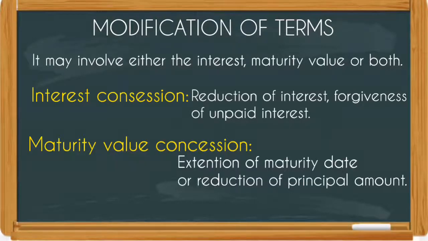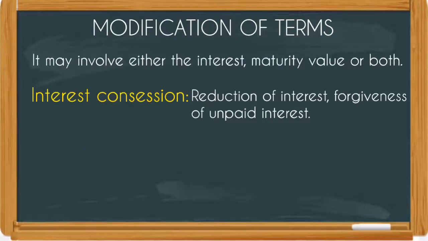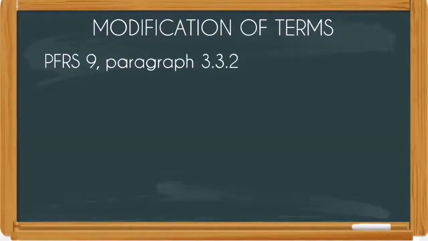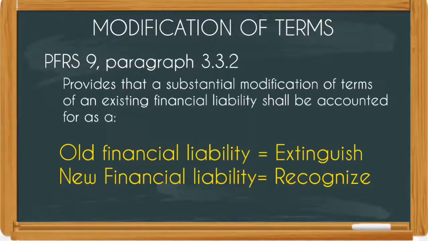Under naman ng maturity value concession, either extension of maturity date or reduction of principal amount. Under PFRS 9, it provides that a substantial modification of terms of an existing financial liability shall be accounted for as an extinguishment of the old liability and a recognition of a new financial liability.